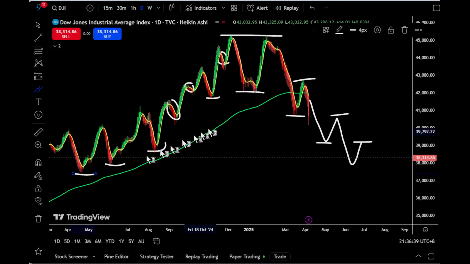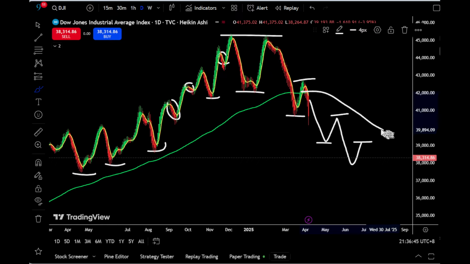So just like this, the 200 EMA is flat, most likely it will be going down, just like this. And all these are below the 200 EMA, indicating that you should not be buying here.